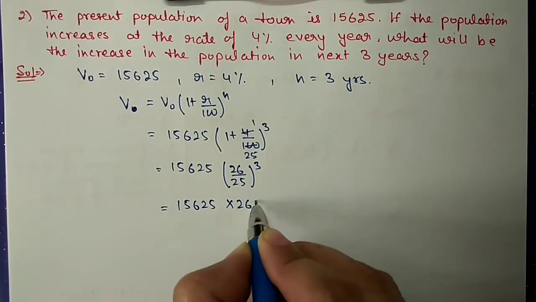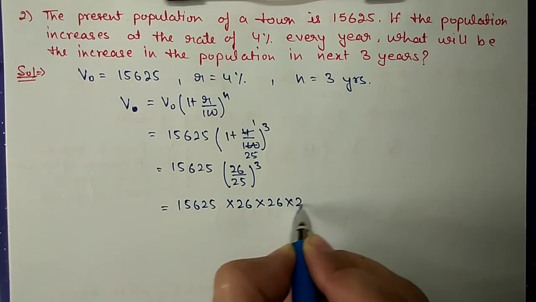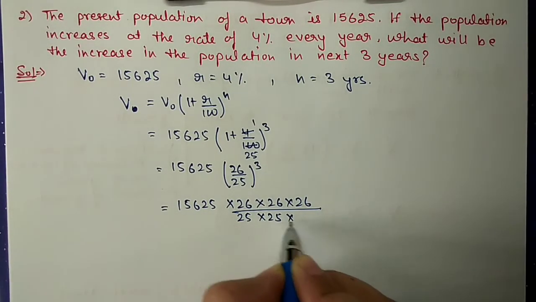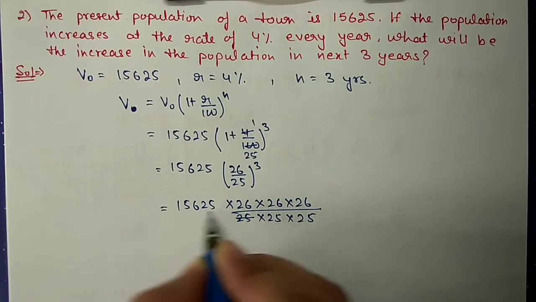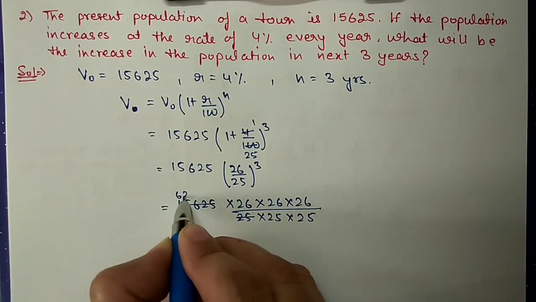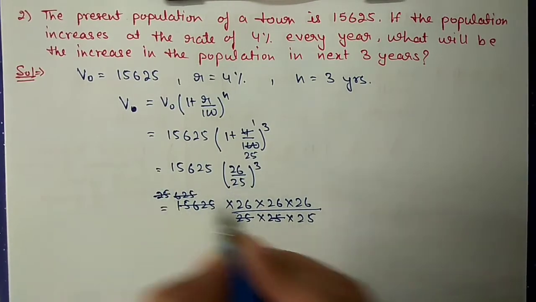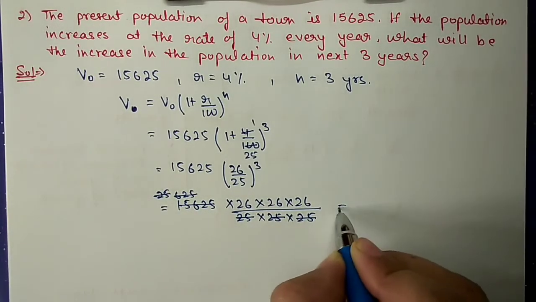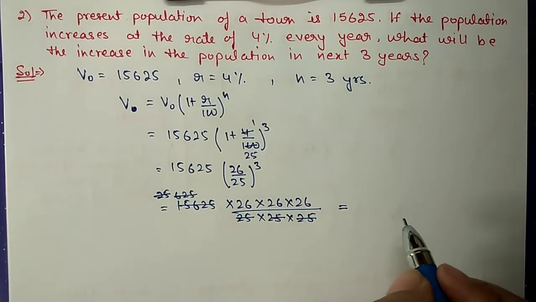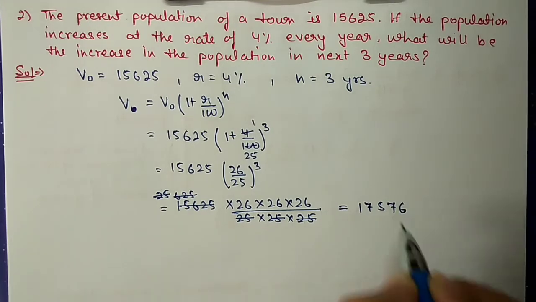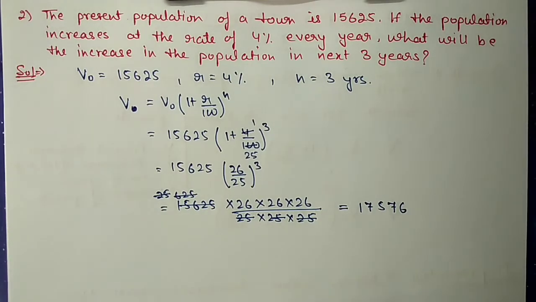We can write it as 26 into 26 into 26 divided by 25 into 25 into 25. We can cancel 25, 625 times it will go, then again 25 times, and this 25 also we can cancel, and after multiplication we will get 17,576 will be the population after 3 years.